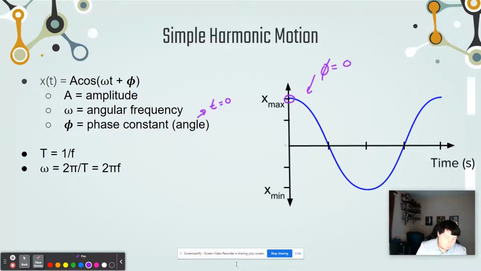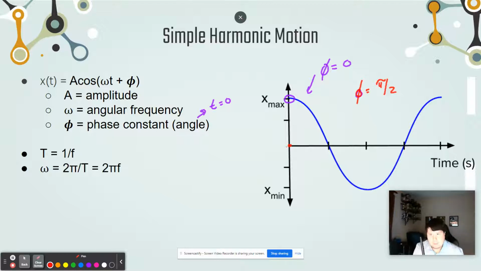Let's consider, for example, what would happen if I wanted a phase angle, I'll do this one in red, of pi over 2. Well, if you start at t equals 0 still, I always think that's the best way to think about it, I'm taking the cosine of pi over 2. And if you remember back from your trig class, the cosine of pi over 2 is 0. So that one would start me off right there.